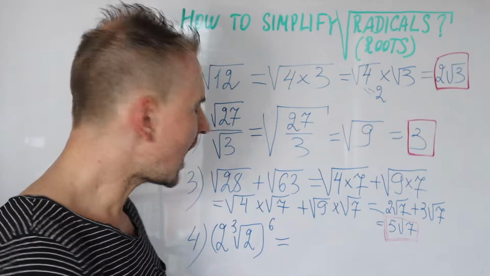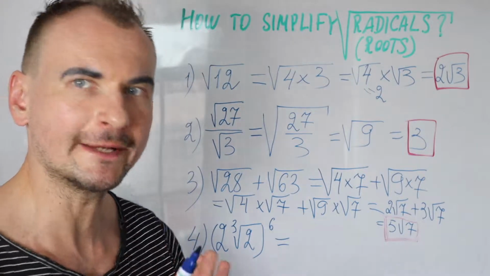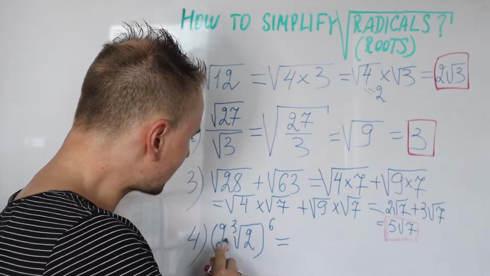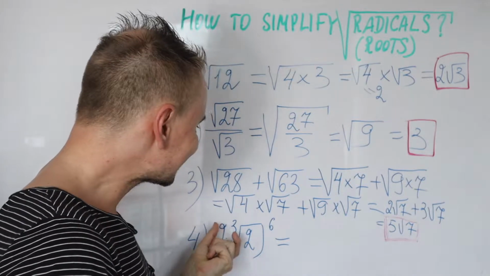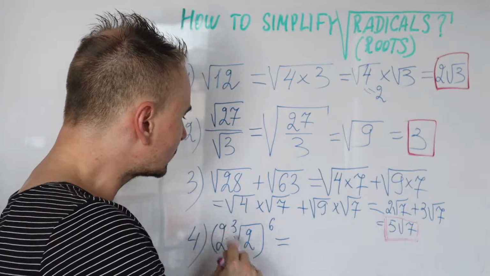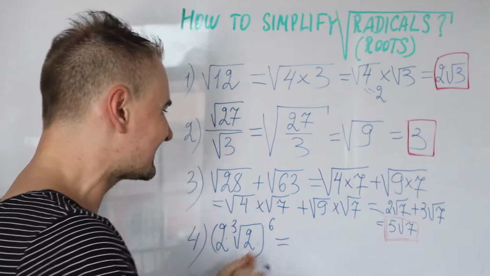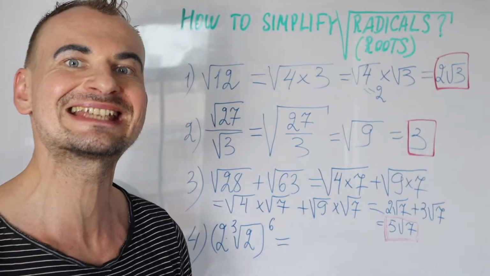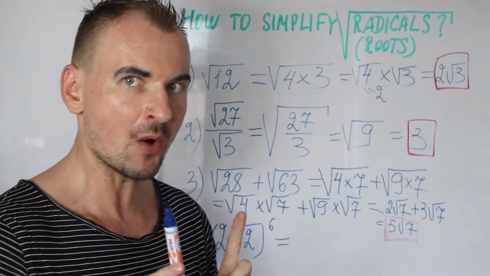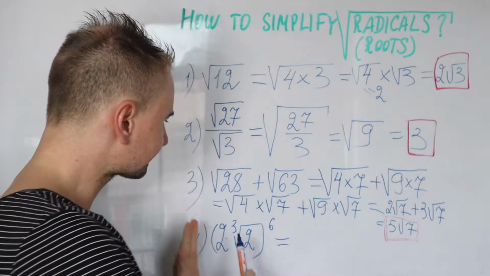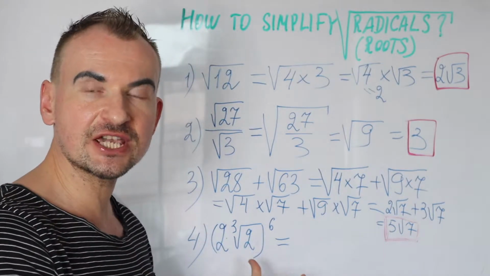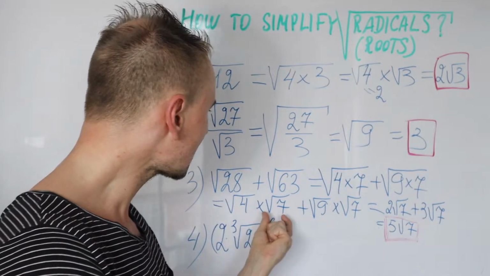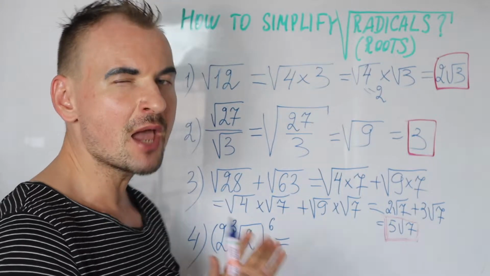Moving on. How about this one? You have a number 2 out front, which gets multiplied by the third root of 2, and this whole thing is raised to the 6th power. Now, a bonus tip: you have to raise all of this part of the expression to the power 6.